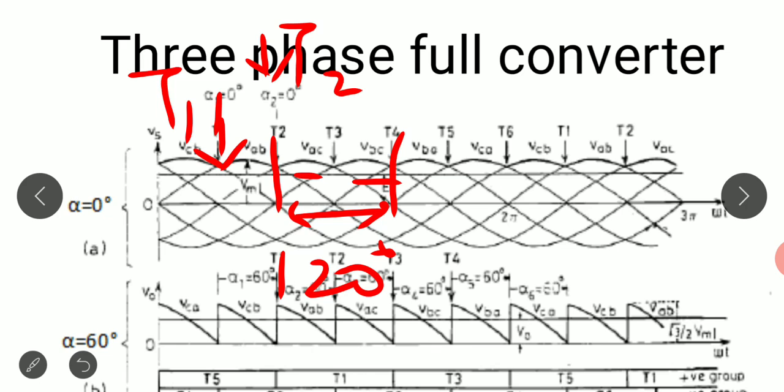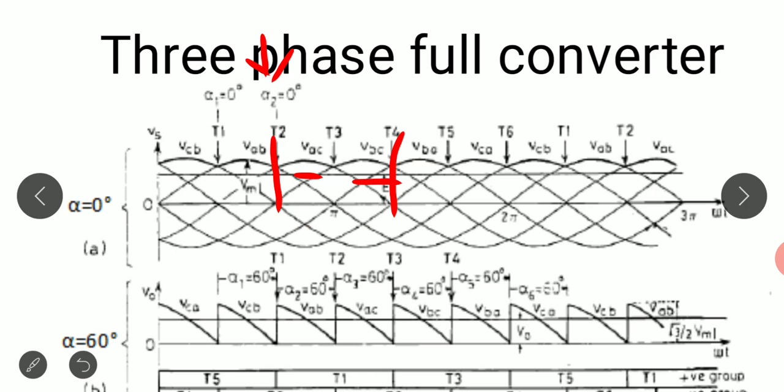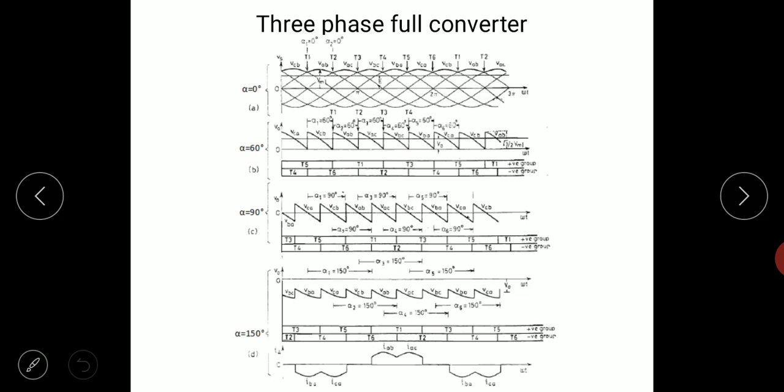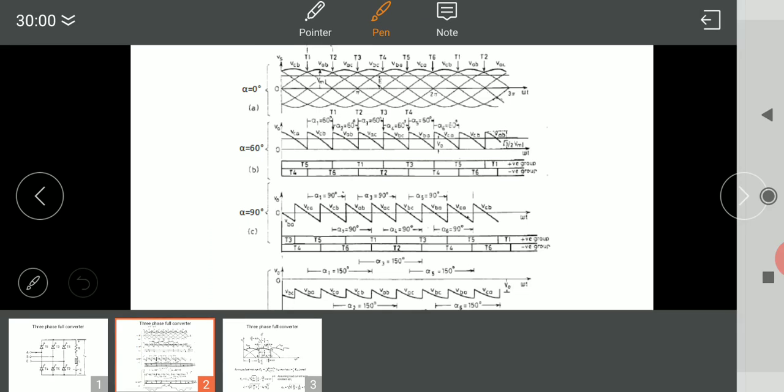If we want, we can similarly analyze for T4, T5, T6 and so on. But for now, let us analyze for T3. T3 can be triggered when B is positive with respect to A and C. That means VBA voltage or VBC voltage. So where is VBA voltage and VBC voltage?